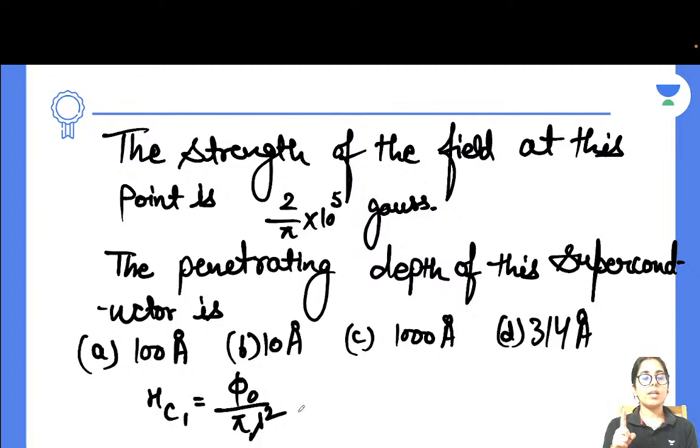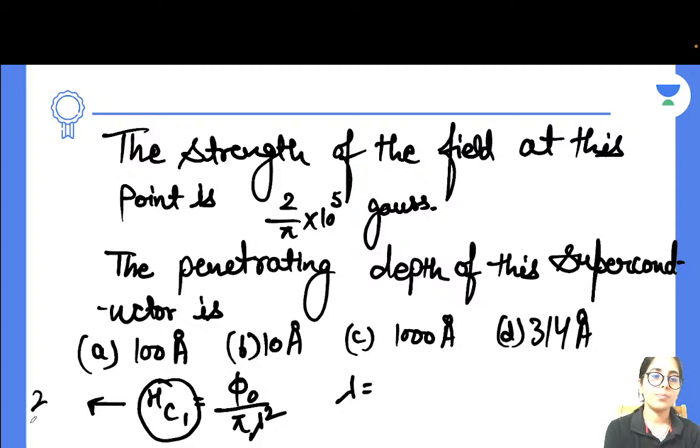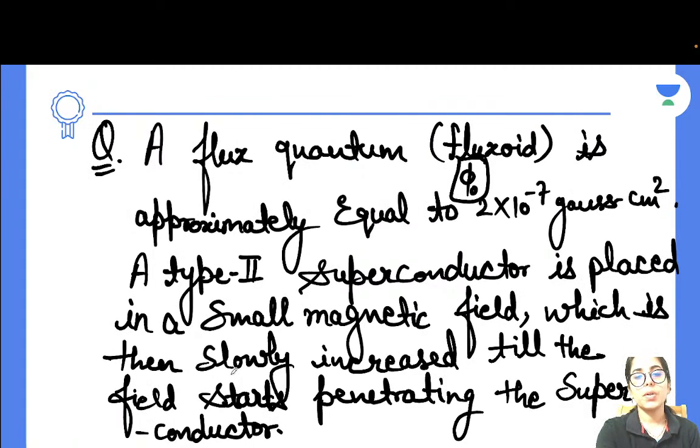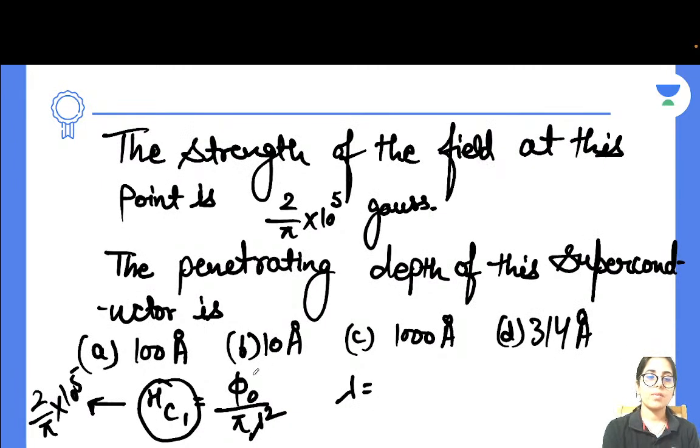One, the London penetration depth, and the other one where the field is completely penetrating inside the superconductor, the coherence length, right? So in this case, you need to find the lambda, and you have the initial magnetic field when the field starts to penetrate within the superconductor. So that's going to be your HC1 is 2 by pi times 10 to the power 5. What about the phi naught? That's going to be 2 times 10 to the power negative 7.